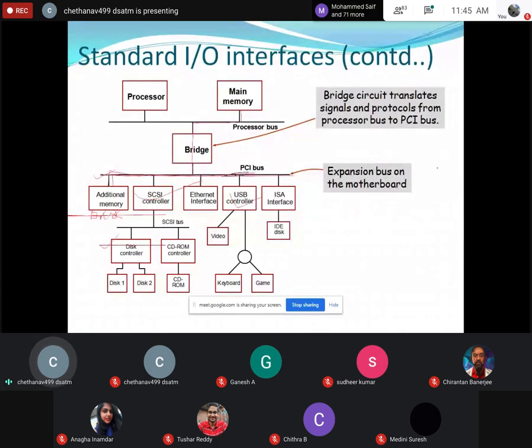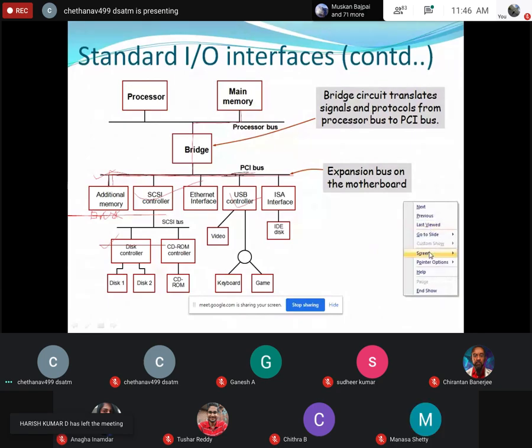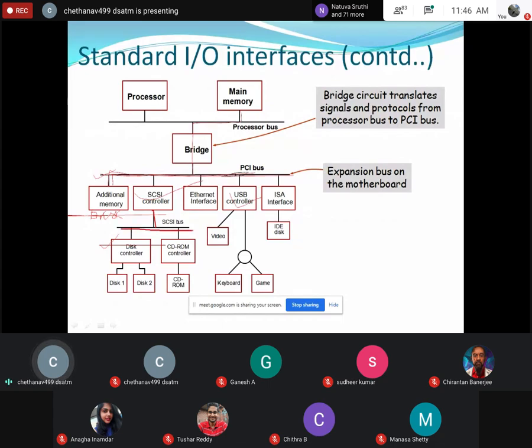Okay, let me erase all the things. See this? I think you're able to see this. SCSI bus here. This is the SCSI bus.